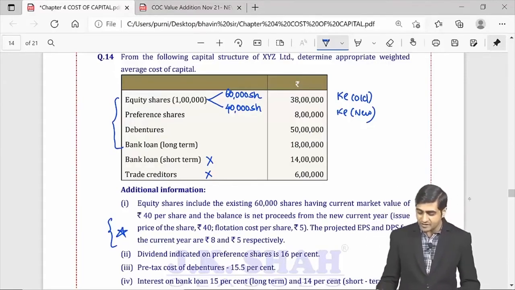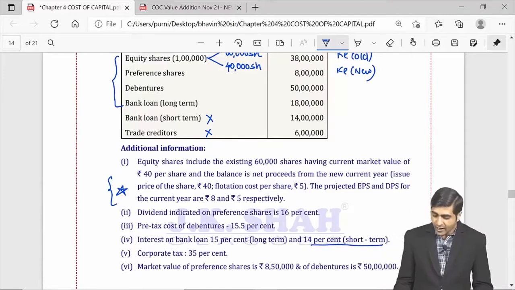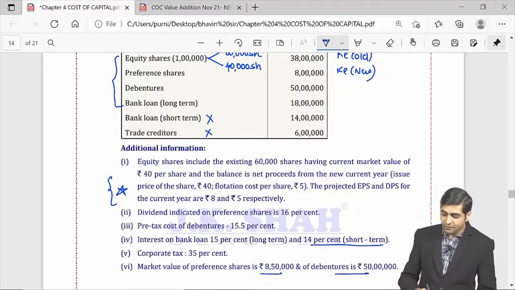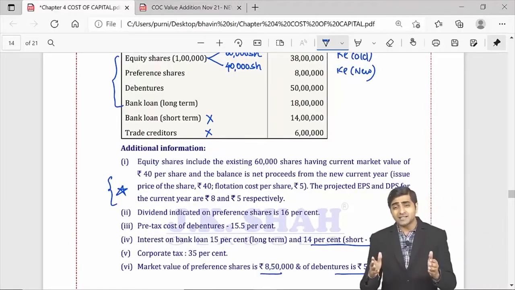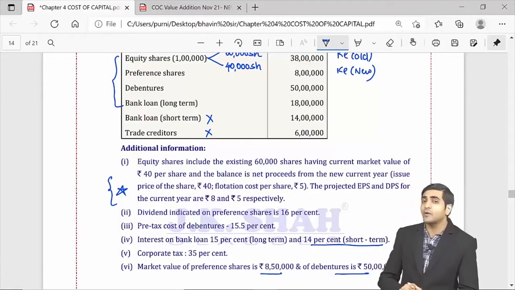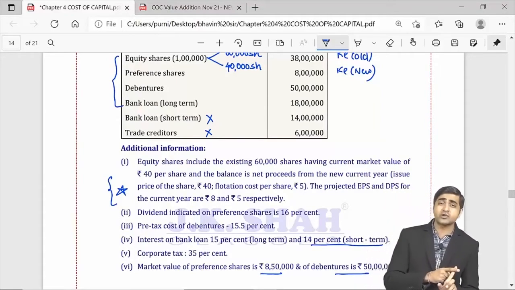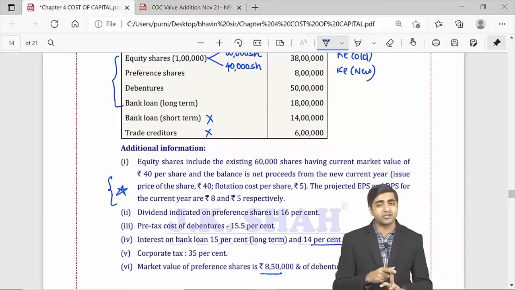Guys, in this particular question, calculation of your KP, KD, etc. is extremely simple. 14% short term loan is of absolutely no use to you. And guys, we have market values available of preference shares and debentures. Guys, the best part about this question is they have not mentioned what you should use as weights to calculate your weighted average cost of capital. But we have the market price available for preference shares also, and we have market price available for debentures also.